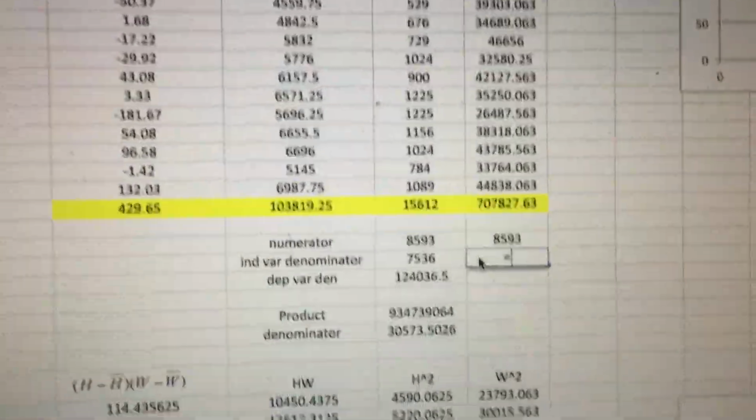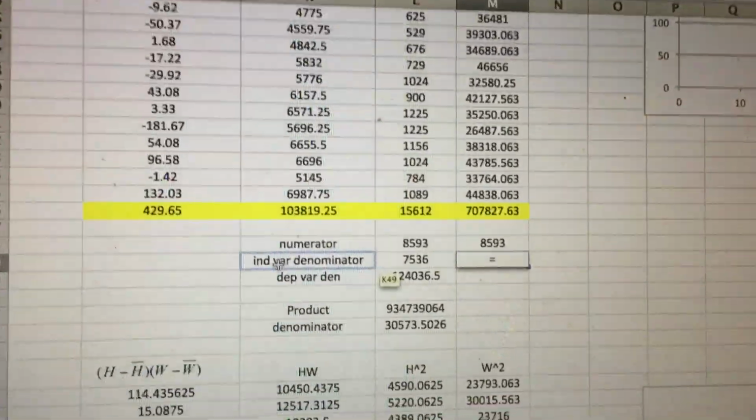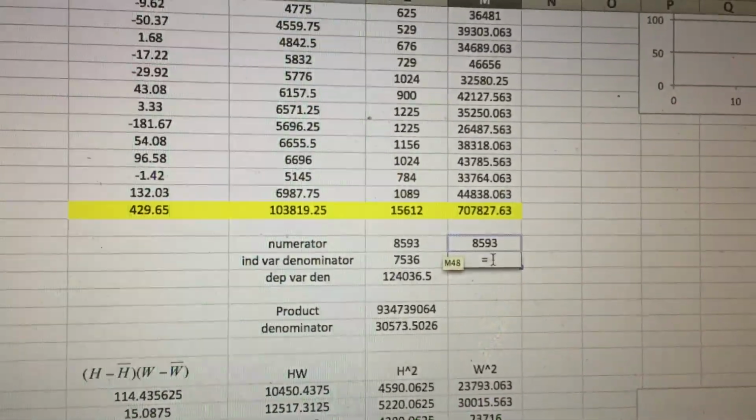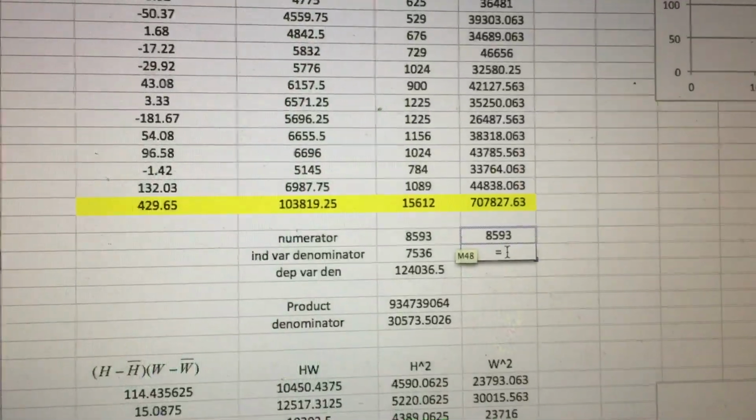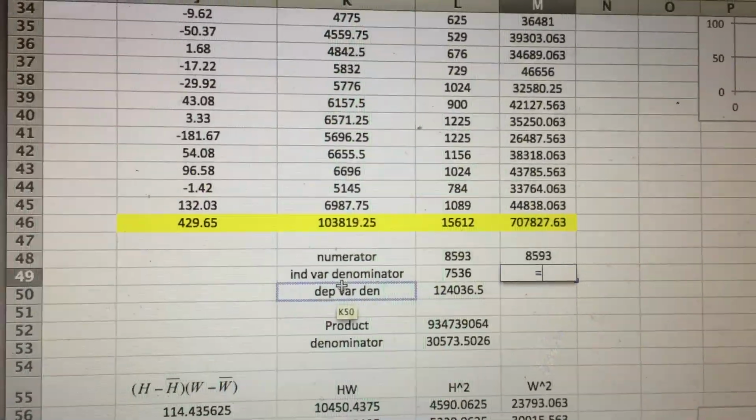Our denominator, the very first part, for the independent variable, right? It says the count. We're going to take the count.